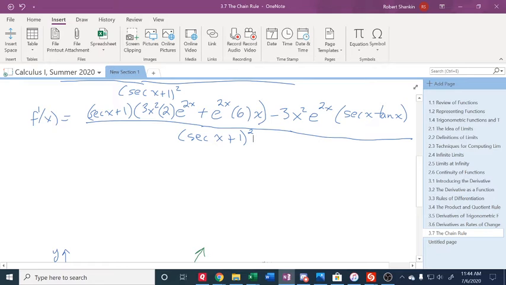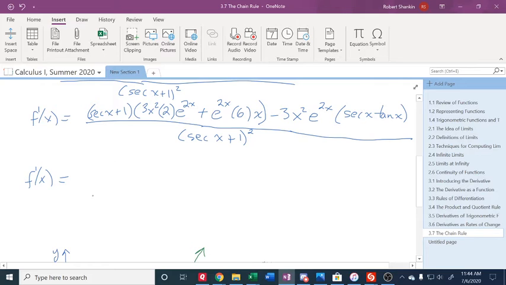Alright, so then we're going to clean this up a little bit. f prime of x. This first term up here in this second parenthesis could become 6x squared e to the 2x. That gets multiplied by the secant of x.